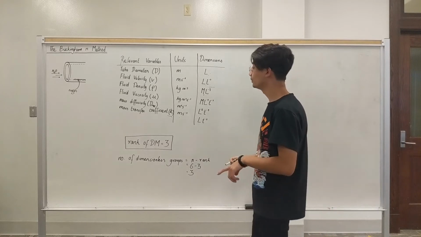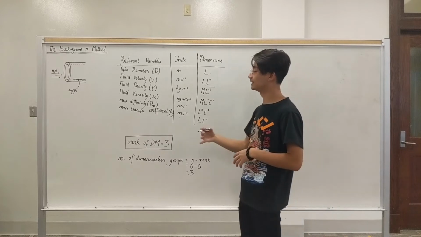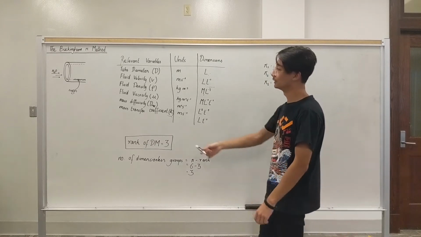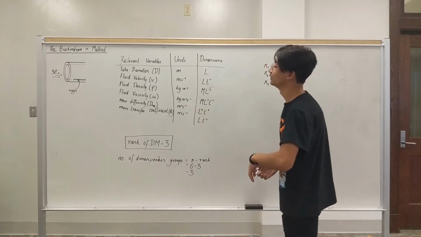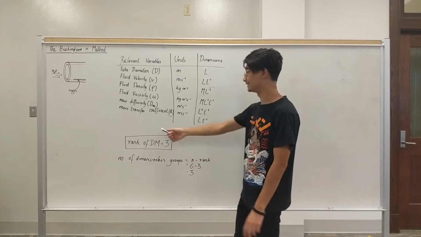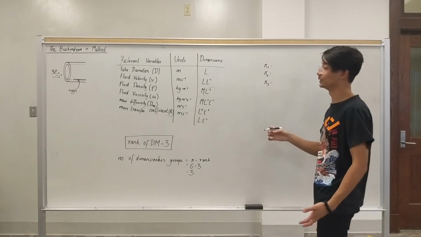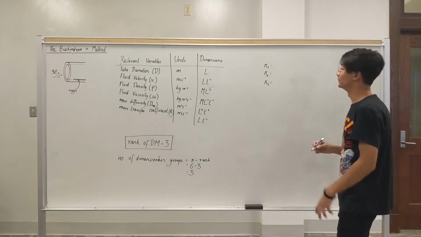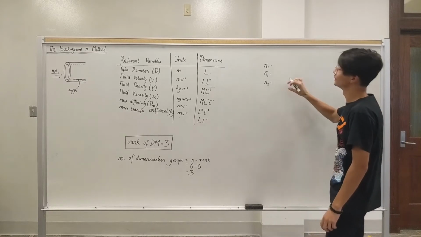Another thing to note, although this is not a rule, is that it's always wise to not keep the variable that we're most interested in in our core group. A mass transfer is happening here, so the variable that we're most interested in is the mass transfer coefficient. We will not put that in the core group because we don't want this variable appearing in all of our dimensionless groups. We want to isolate it within one of these.